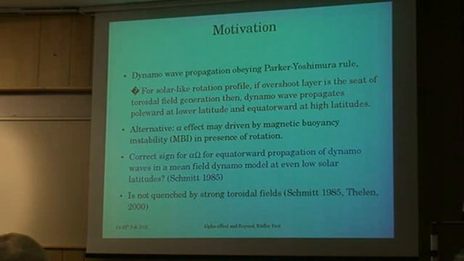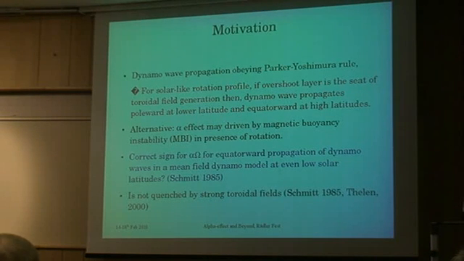And it was published in a paper by Schmidt 25 years ago that this alpha effect changes sign somewhere at the mid-latitudes in such a way that the dynamo wave in such a model would always propagate equatorward, like we observe in the sun.